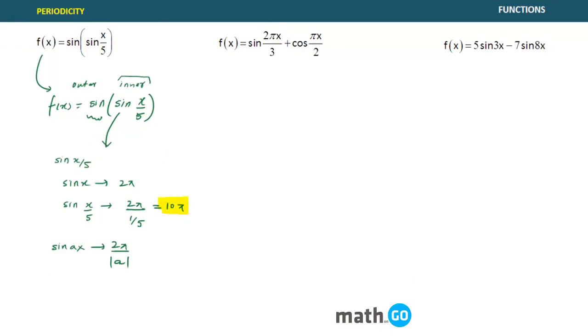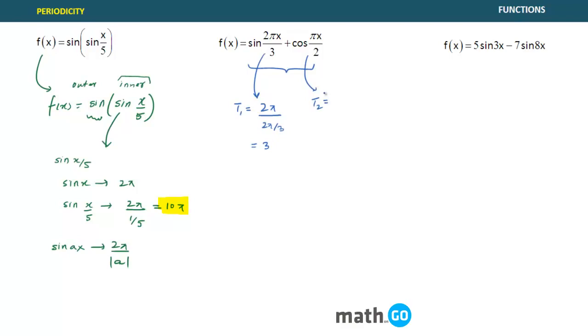Okay, let's solve the other problem. You need to find the period of the sum of two functions. Tell me first of all the period of this first one, T1. It will be 2 pi divided by the coefficient of x, which is 2 pi by 2 pi by 3, which becomes 3. Similarly solve this one, this becomes T2.